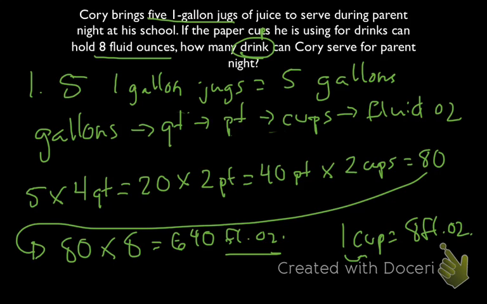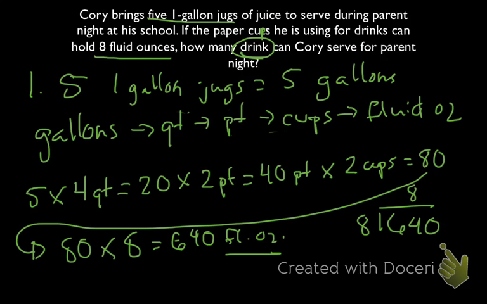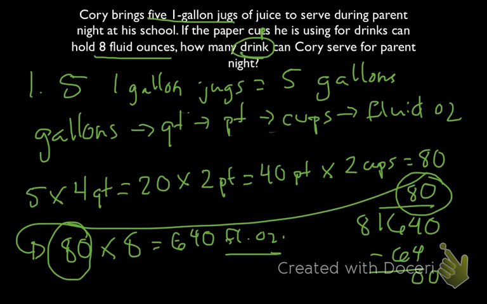I'm going to give myself a little bit more room here. 640 divided by 8. 8 goes into 64 8 times. So how many drinks can he serve? He can serve 80. And we'll notice that that's the same number that we had here, because 1 cup at the party holds 8 fluid ounces. That's going to be the exact amount of ounces in 1 measurement of a cup.